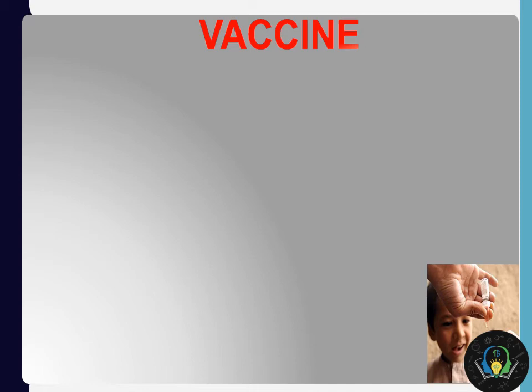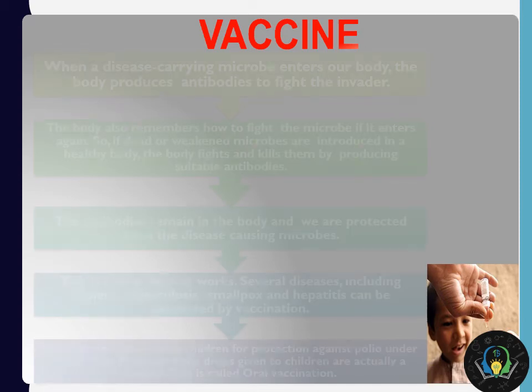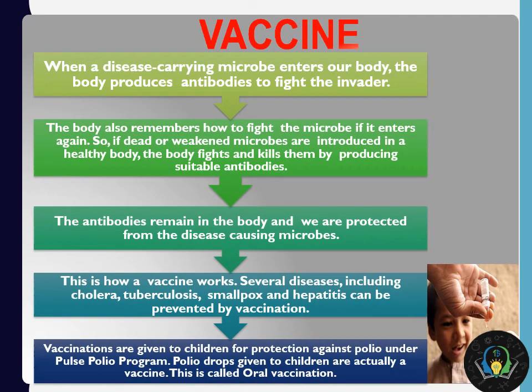Next is vaccine. When a disease causing microorganism enters our body, the body produces antibodies to fight the invader. Now, the body remembers how to fight this kind of disease causing microbe.